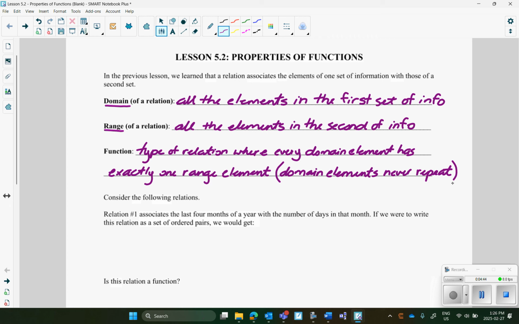If Madeline McKay was in this class, is every name different? No, therefore it'd be not a function, because one of the domain elements repeats. And you'll see when we do a couple more examples here.